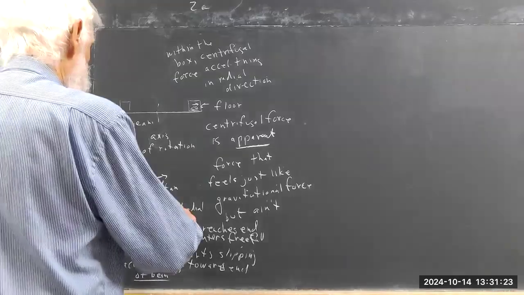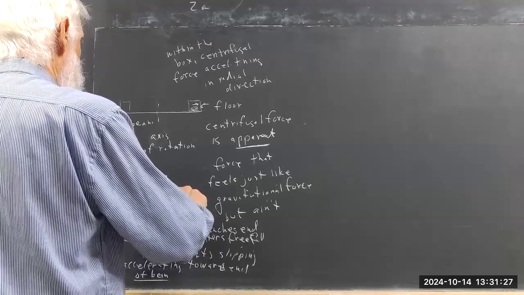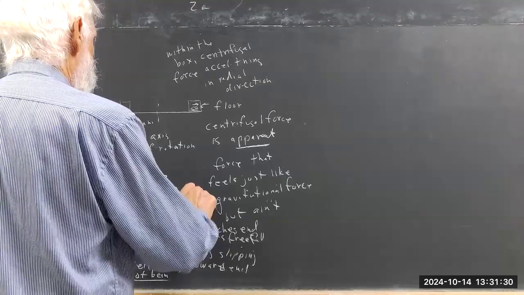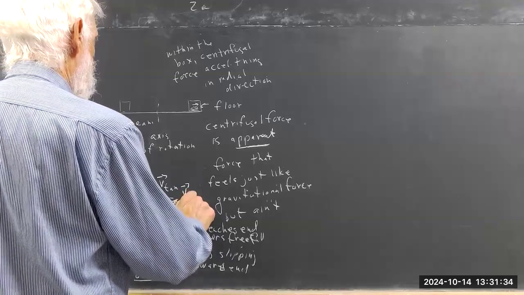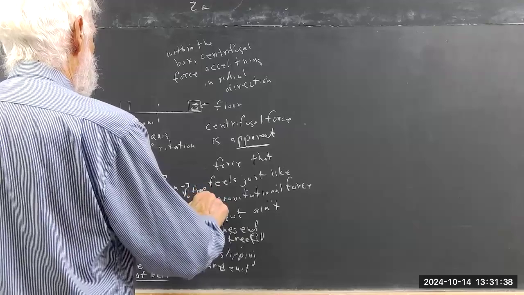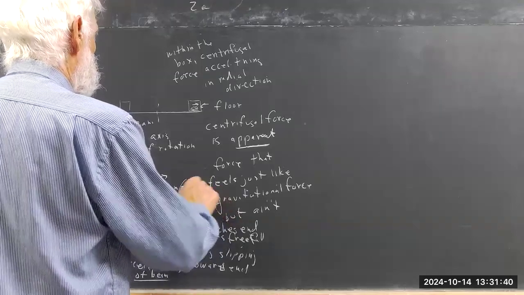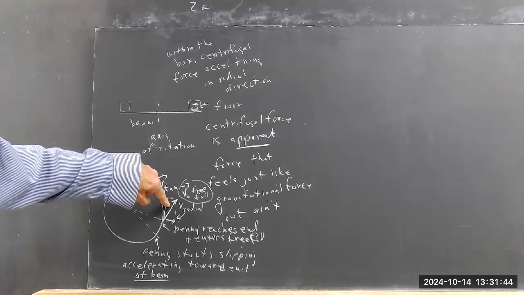So your actual velocity is going to look maybe more like this. So there's your initial velocity in the free fall. Okay.